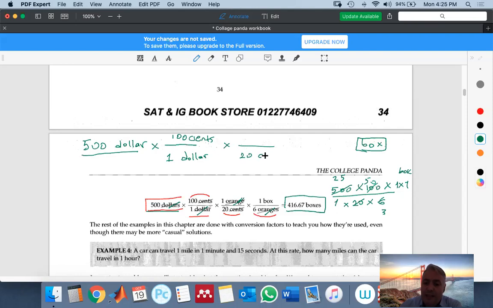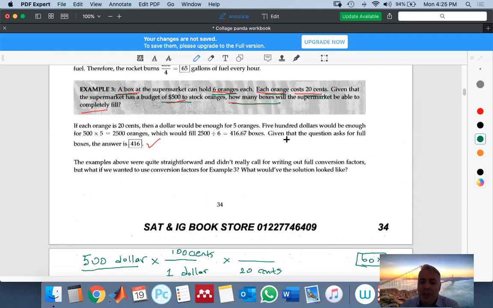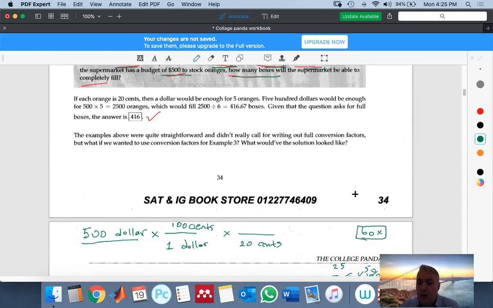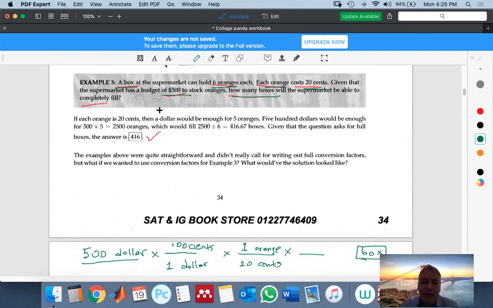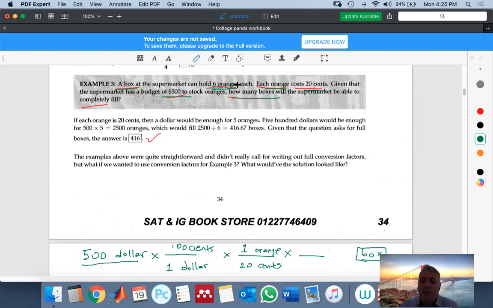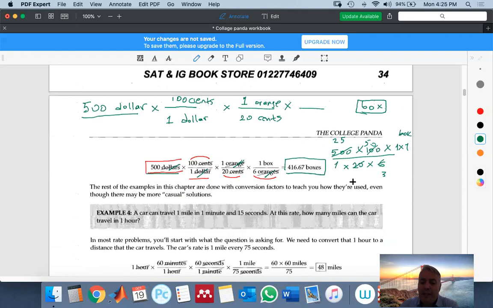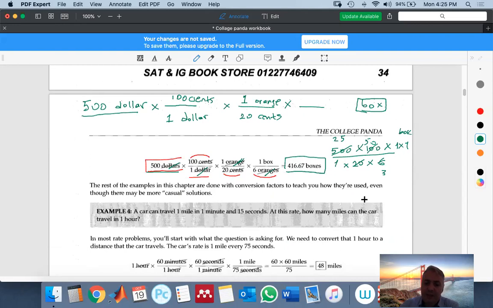And then times this, cent will be simplified. So we have 20 cents for what? 20 cents, when we come back, each orange costs. So each means here 1 orange. And then how many do we have when we read it? 6 oranges in a box we have. So we will say 6 oranges for 1 box.